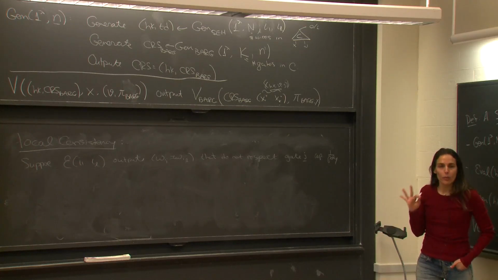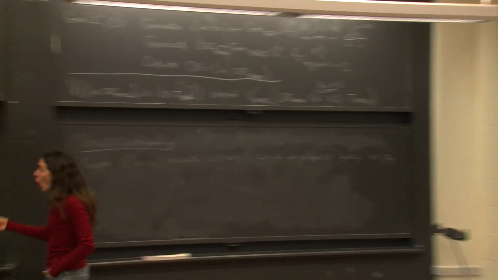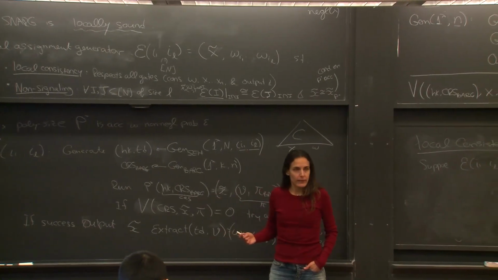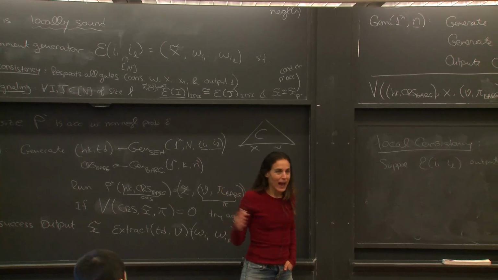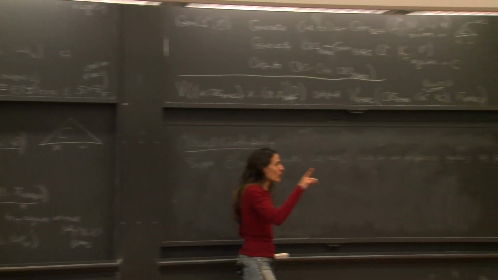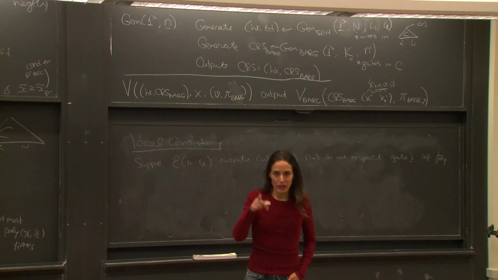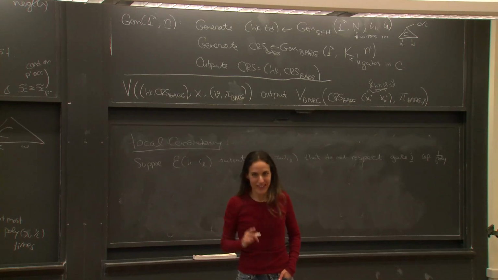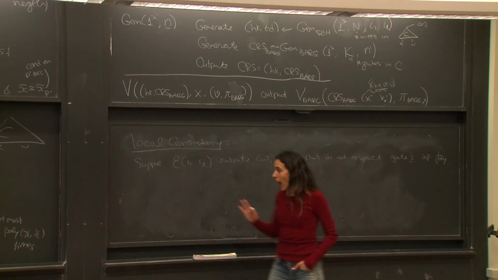What does the BARG say? The BARG tells me that all the gates are respected. Somewhere adaptive soundness of the BARG is enough. Why?